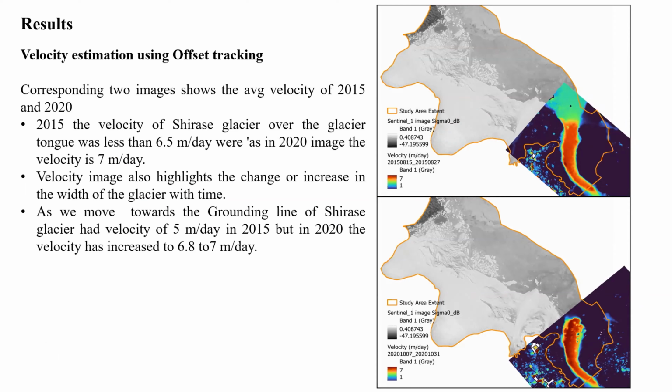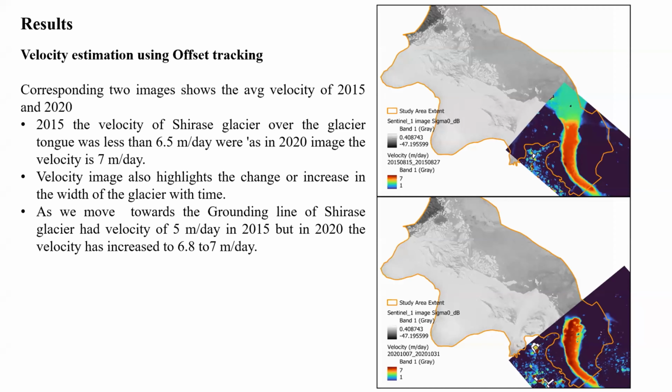Just in that case, we found some significant change. In 2015, this Shiraz glacier had an average velocity of 6.5 meters per day, but in 2020 the average velocity came up to 7 meters per day. As we move towards the grounding line of the Shiraz glacier, the velocity before was 5 meters per day, but now it is 6.8 to 7 meters per day in 2020.